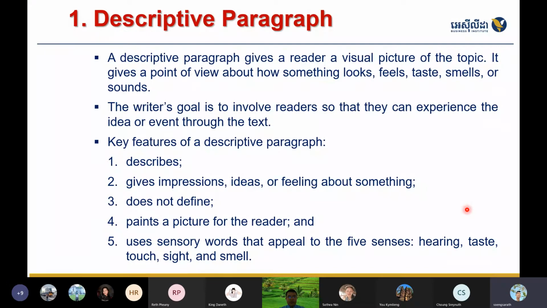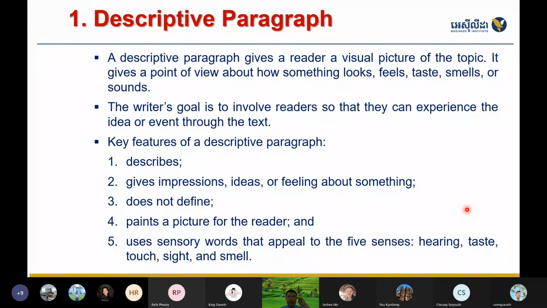Key features of a descriptive paragraph: 1. Descriptive. 2. Give impression, idea, or feeling about something. 3. Does not define. 4. Paint a picture for the reader. And 5. Use sensory words that appeal to the five senses: hearing, touch, sight, and smell.